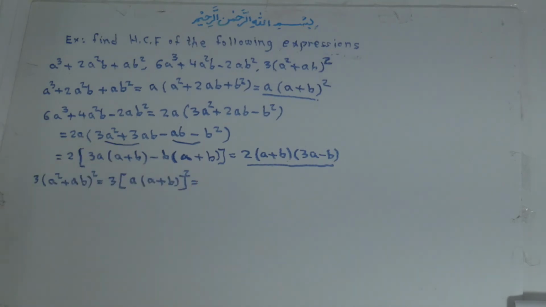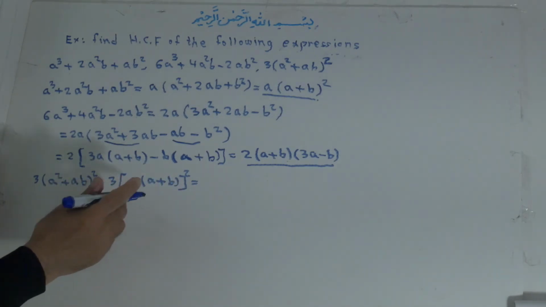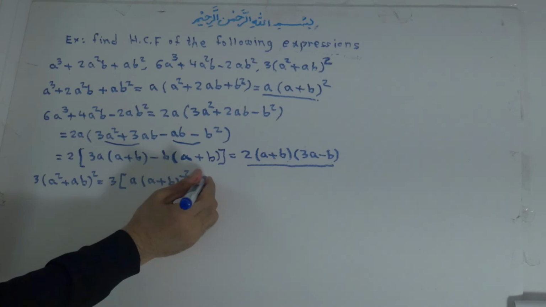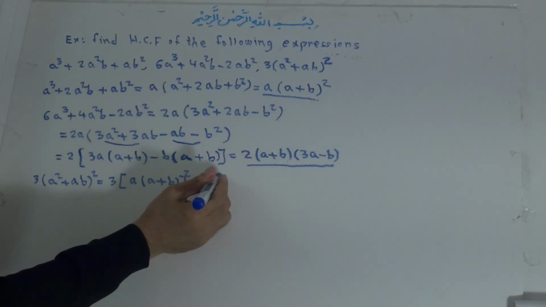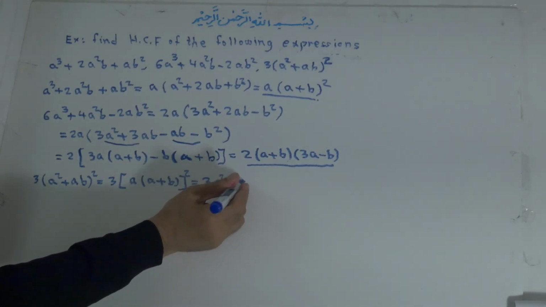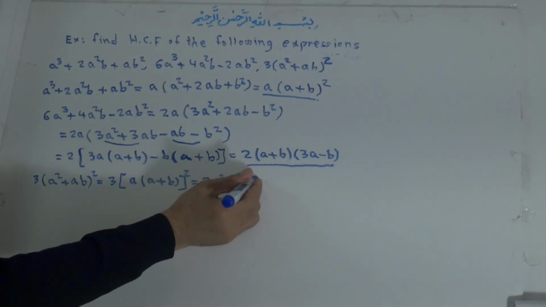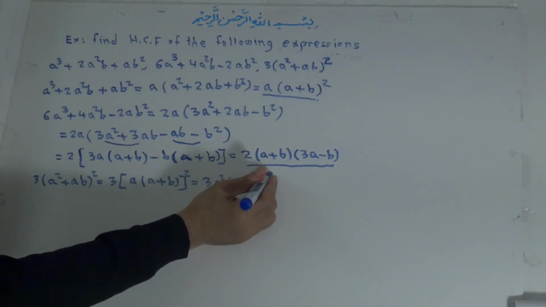It means that a is to the power of 2 and also a plus b is to the power of 2. So we can write a to the power of 2 outside with the 3, that is 3a to the power of 2. What is remaining inside is a plus b to the power of 2.